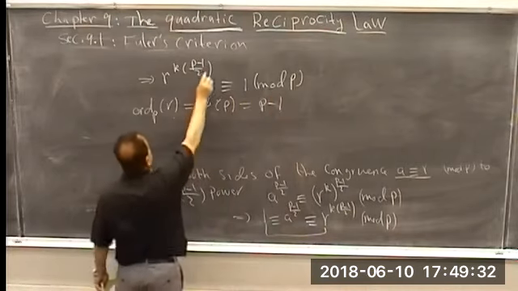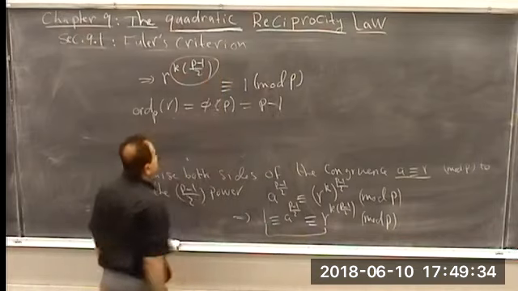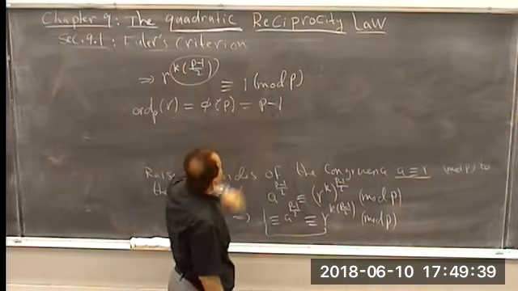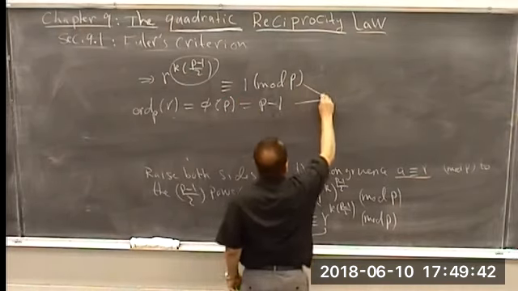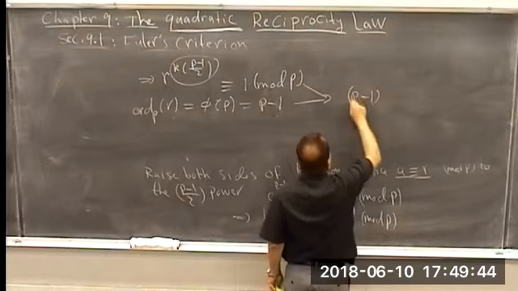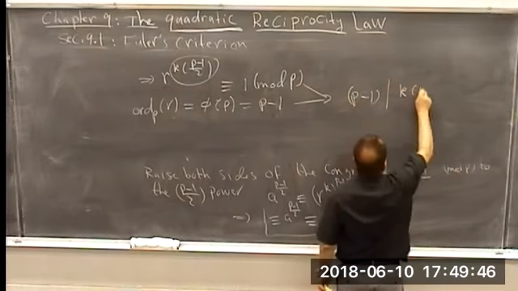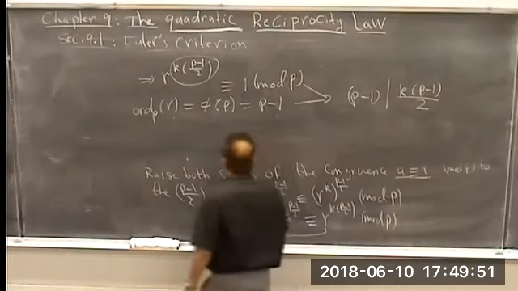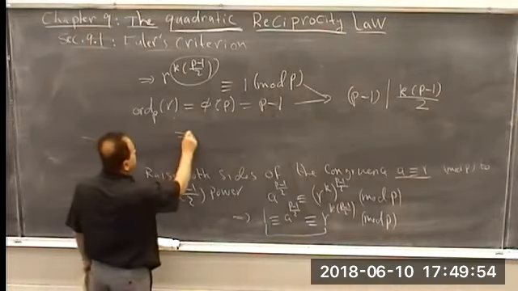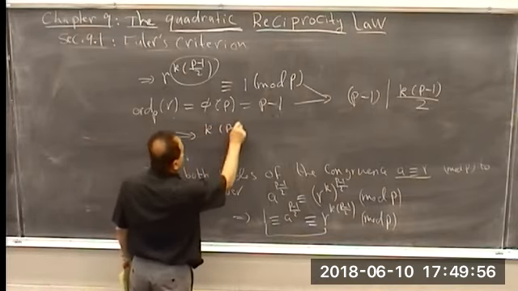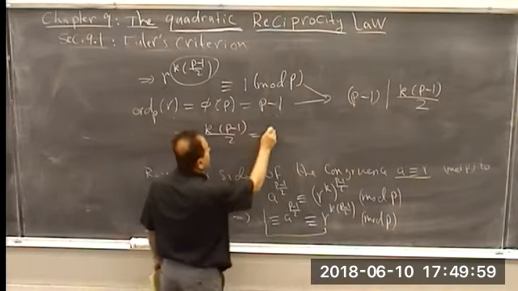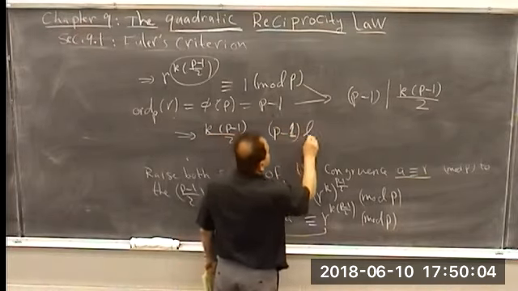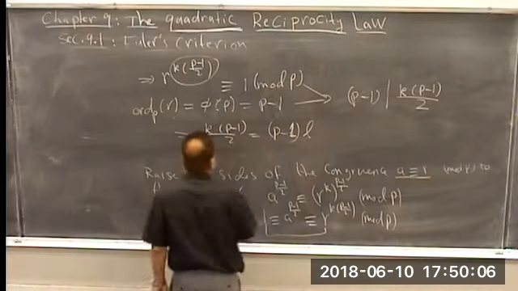And together with this exponent for R, this exponent also makes R congruent to 1 mod P. So these two imply that P minus 1 divides K times P minus 1 over 2. And this in itself implies that K times P minus 1 over 2 is a multiple of P minus 1, that is, P minus 1 times L for some integer L.